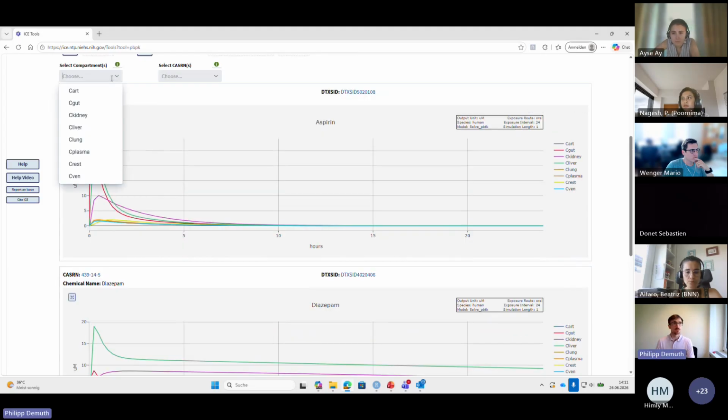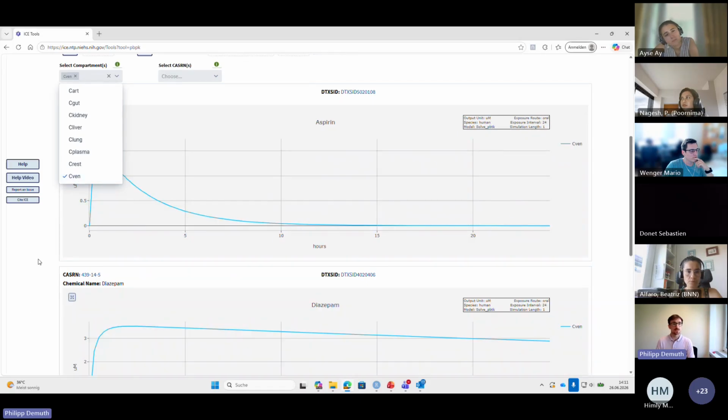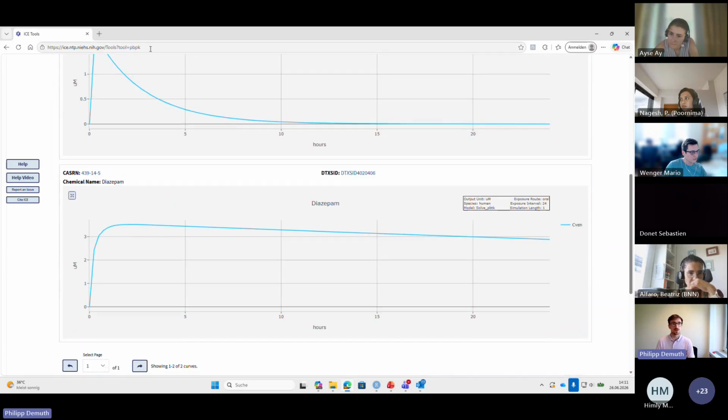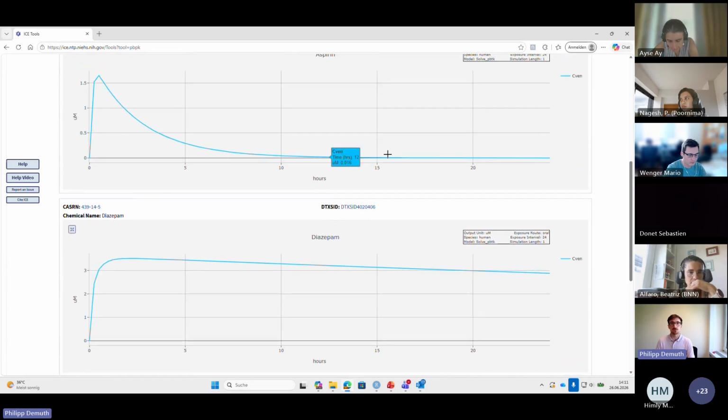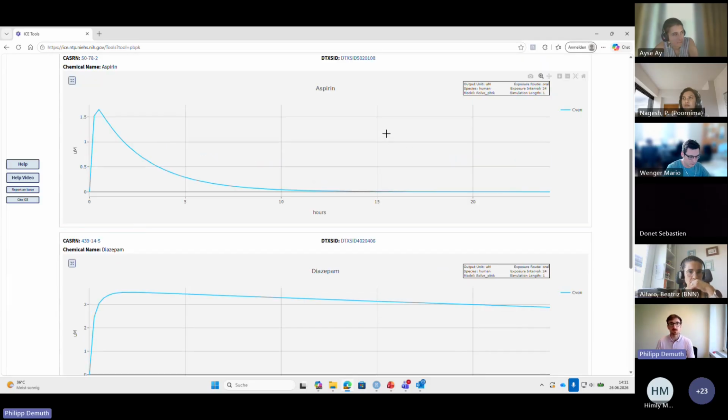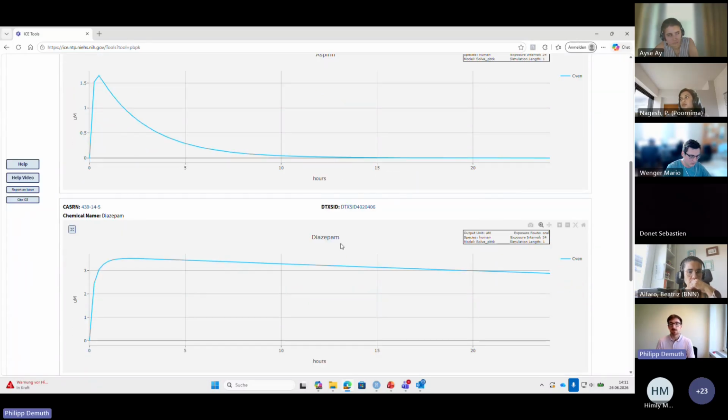We can now choose the concentration in the venous blood as an output, and we nicely see two highly different concentration time curves. Aspirin, or acetylsalicylic acid, is cleared already nearly completely after 15 hours or 10 hours, while diazepam shows a high accumulation and nearly no decrease after 1 day.